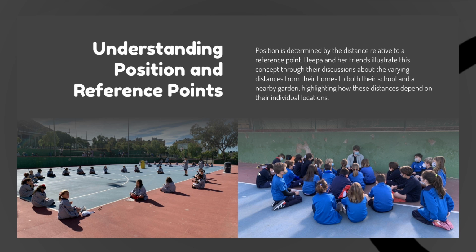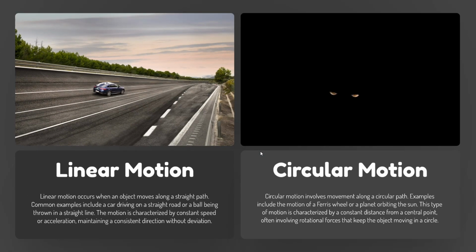In this discussion, we can see that they are taking their school as the reference point. So, they are measuring the distance from their homes to the school. Each one of their homes is in a different region, so the permanent one is the school. So they are taking the school as the reference point, and also the nearby garden. Okay, so the importance of a reference point is shown from this experiment.